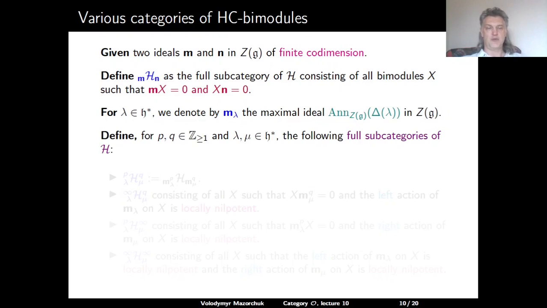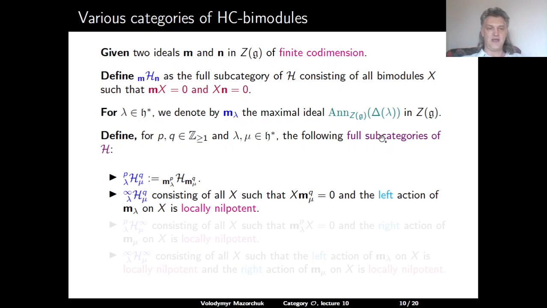Now, for any positive integers p and q and any weights lambda and mu, we define the following full subcategories in H. H with left lambda upper p and right mu upper q is H with left m_lambda to the power p and right m_mu to the power q.